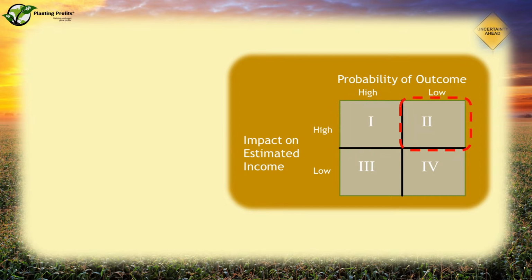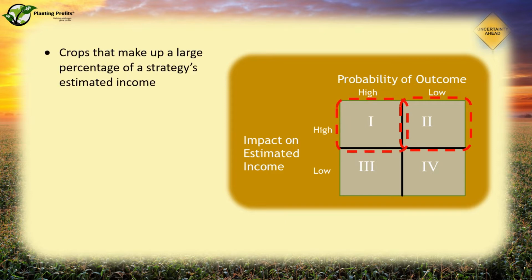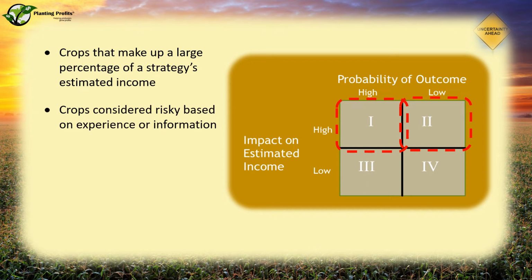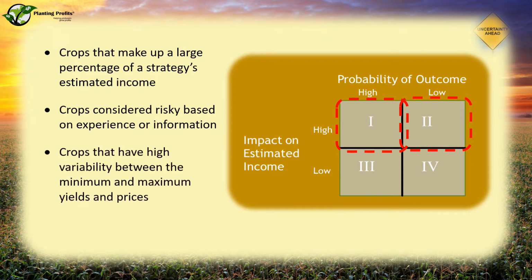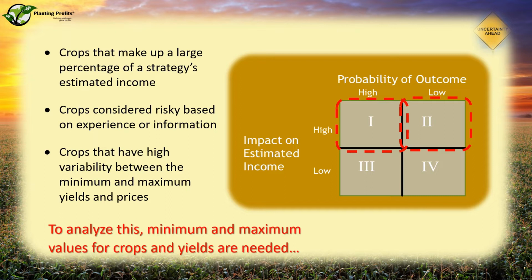This means focus on crops that make up a large percentage of a given strategy's estimated income, crops that should be considered somewhat risky based on experience or information of potential events that could impact yield or price, and crops that have high variability between minimum and maximum yields and prices. To analyze this, the minimum and maximum values for crop prices and yields need to be entered into Planting Profits.